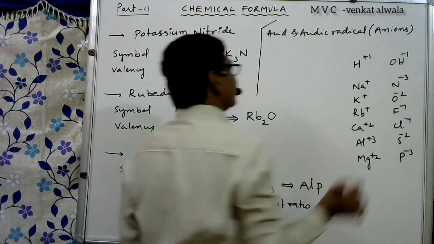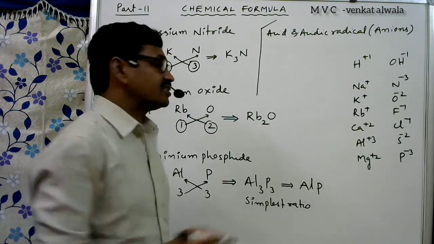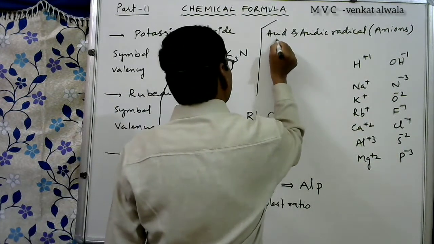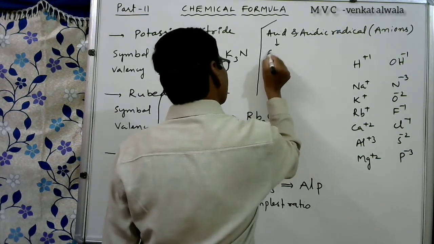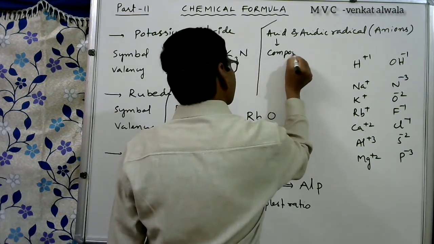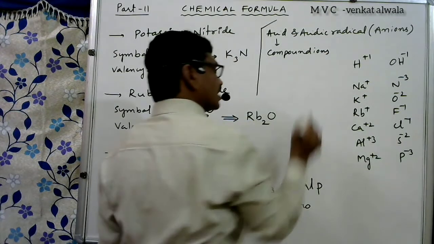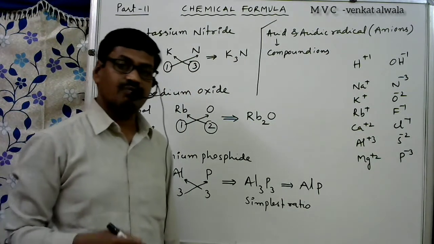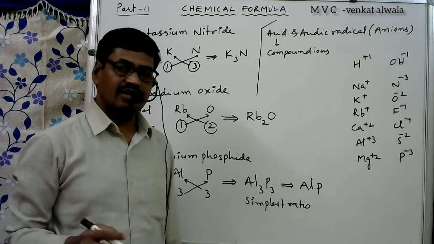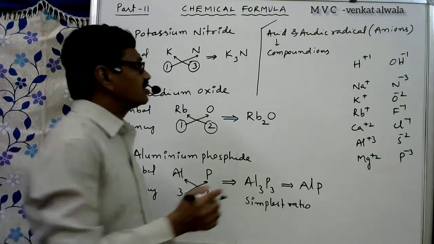How we can write acids and acidic radicals. Generally, from acids, we may get some simple ions and some compound ions, like sulfate ion. How can we write sulfate? How can we get phosphate or sulfide, phosphide? All these we'll discuss in the next class.